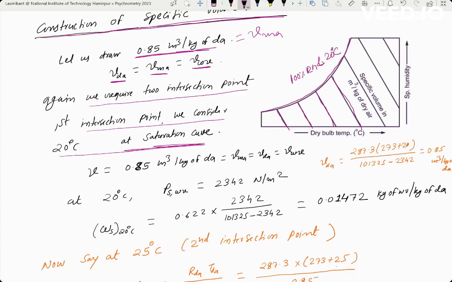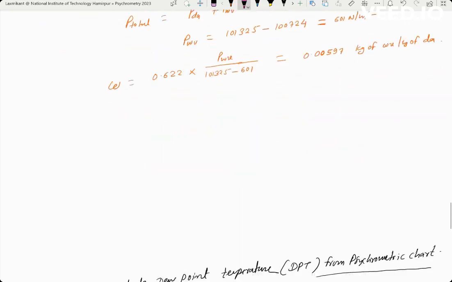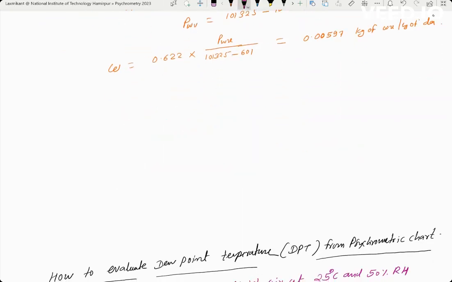Suppose I am drawing this again. Consider a psychrometric chart, with a straight vertical line. We will consider 20 degrees Celsius.